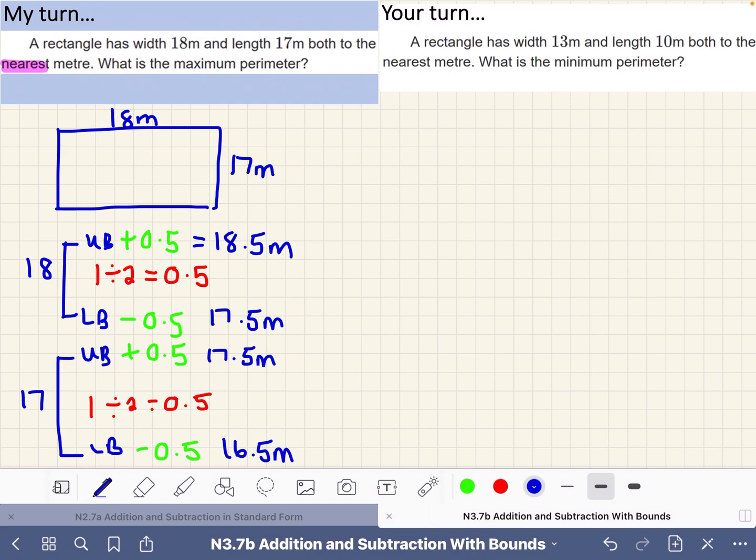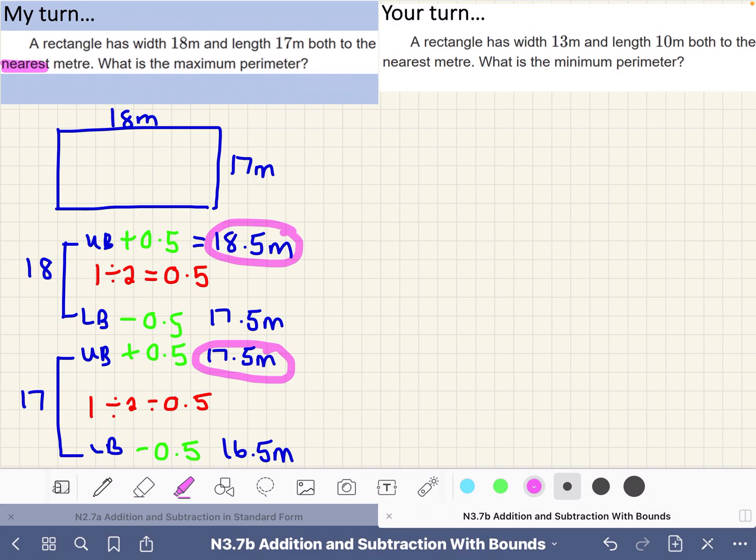We are asked to find out what the maximum perimeter would be. We should know the perimeter is the distance all the way around a shape. Now, if we were looking for the biggest distance that could possibly be, we would be looking to calculate the values if our sides were the upper bounds of each of the measurements, as when you add them together, the biggest measurements should give you the biggest value.